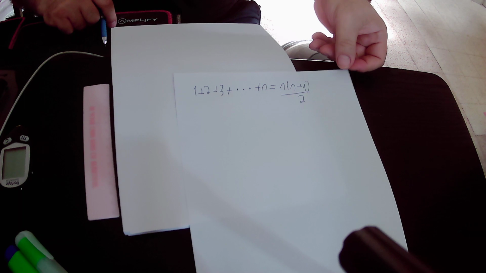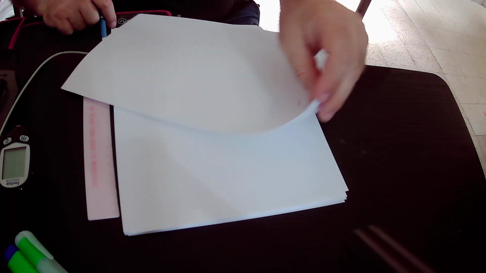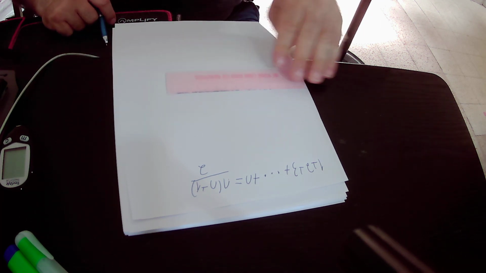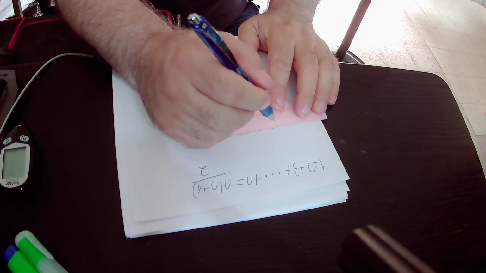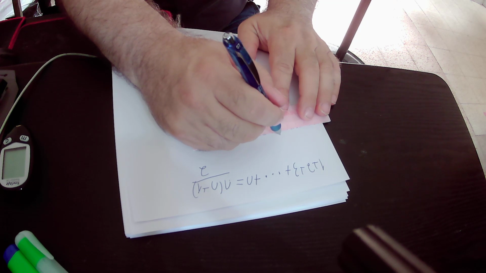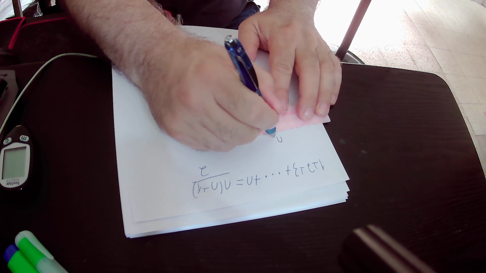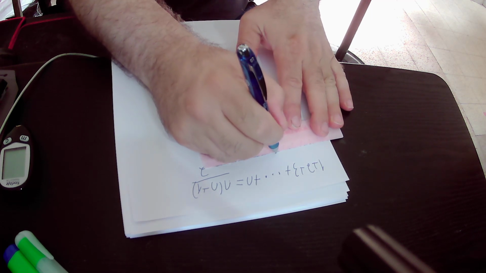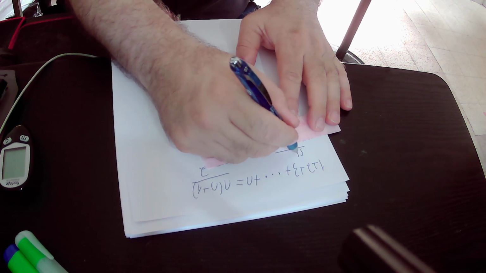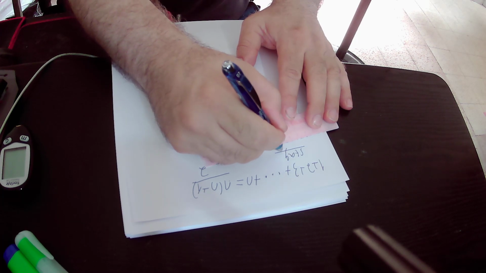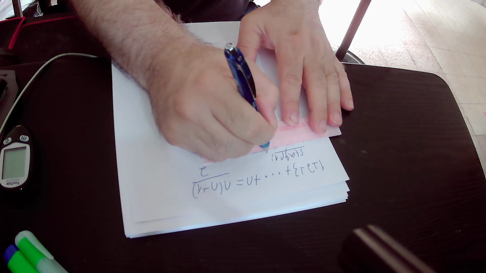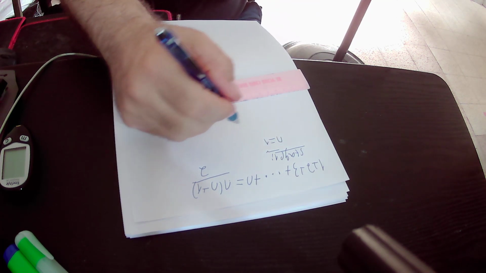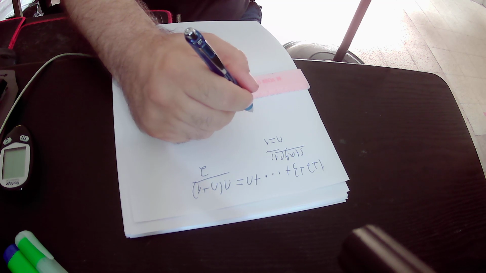So the first step that we will do, the first stage, is to check if the statement true for n that equals to 1. Okay, this is stage 1. We will check if the statement true for n that equals to 1.